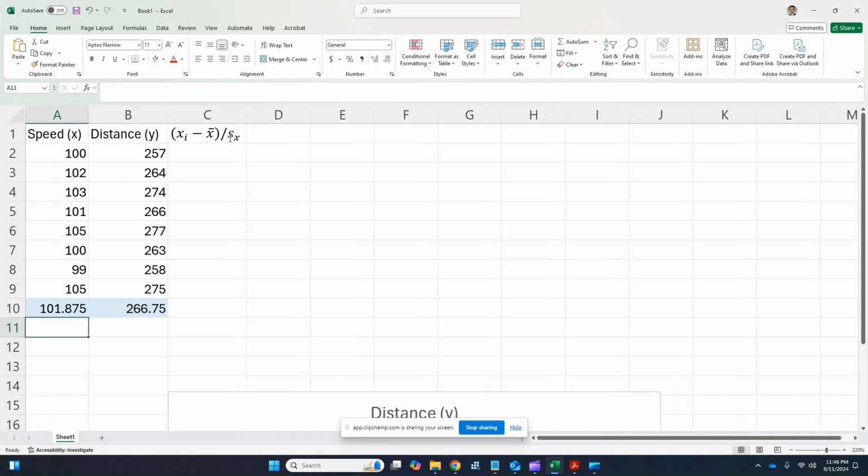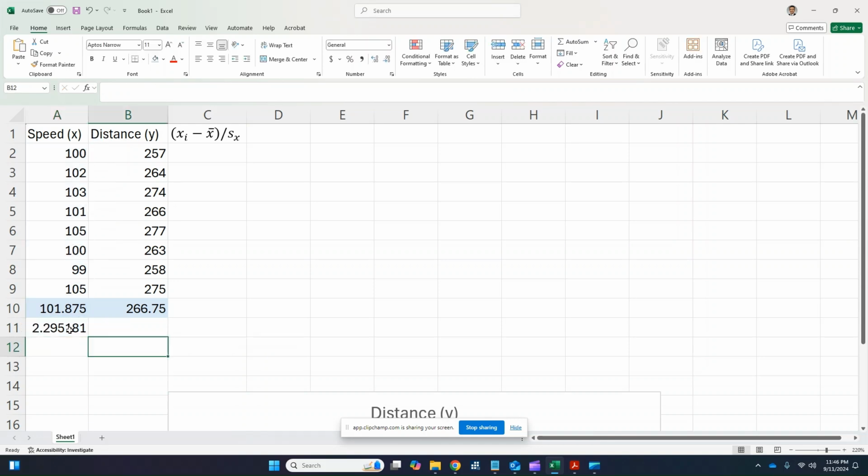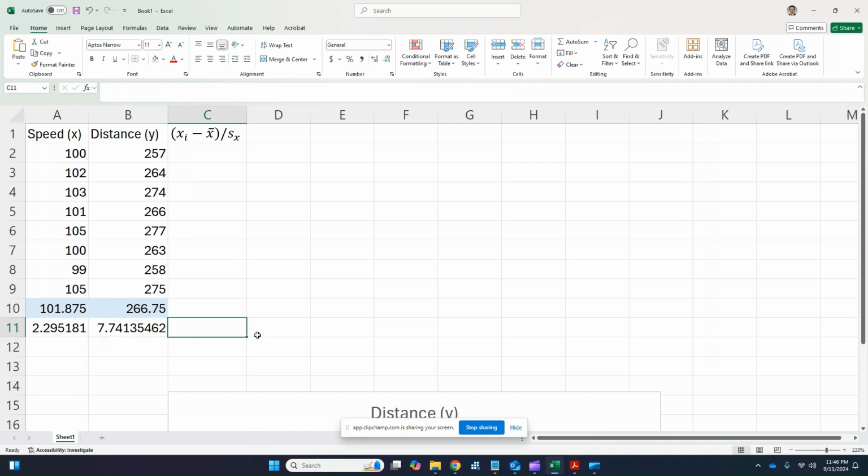So to find the value of Sx, let's calculate it. I'm going to write standard deviation, that is sample standard deviation because we have a sample here. The standard deviation of x is 2.29, and the standard deviation of y is 7.74.